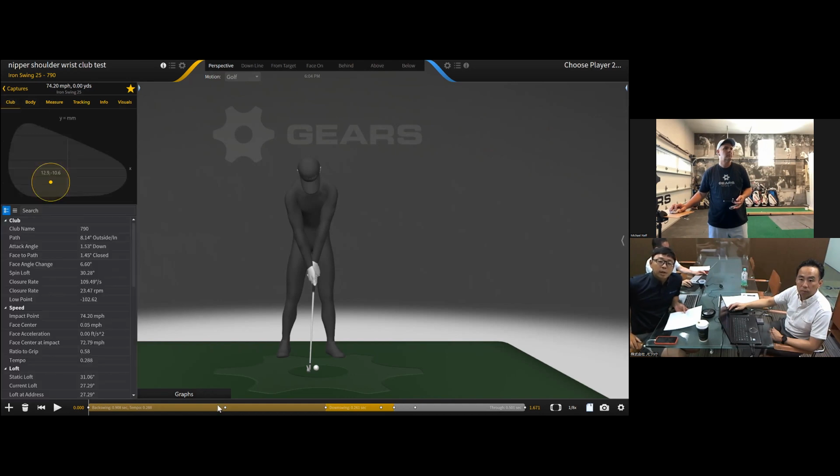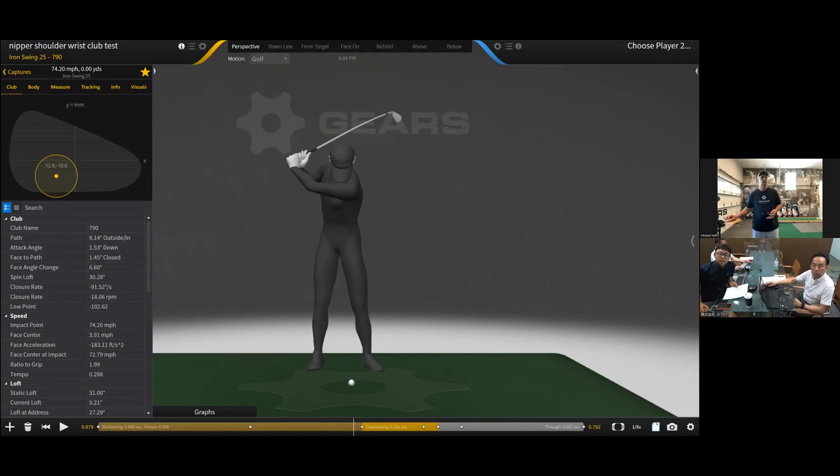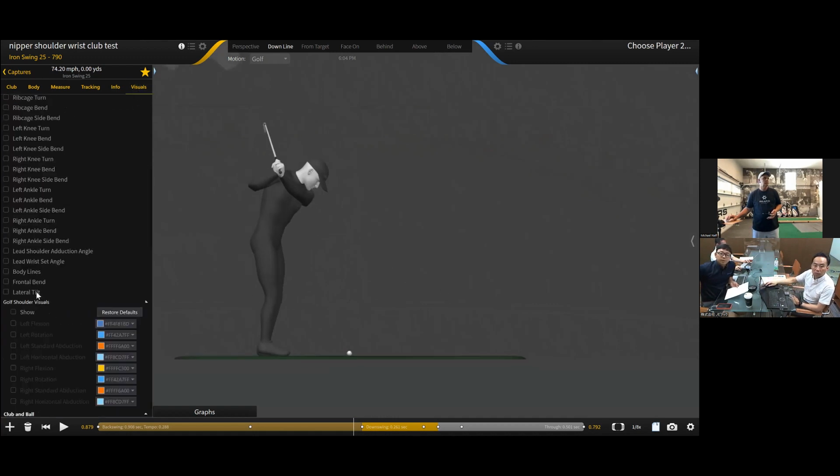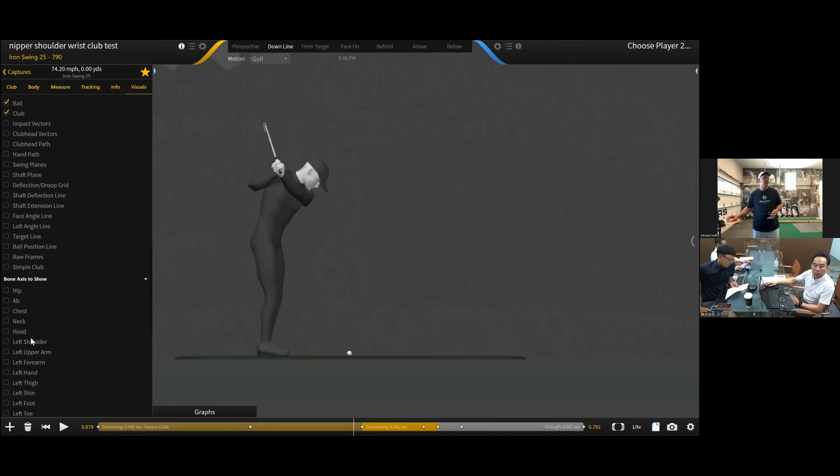So how is it measured? Is it talking about the face angle, I mean how it's rotated, or are you referring to this?